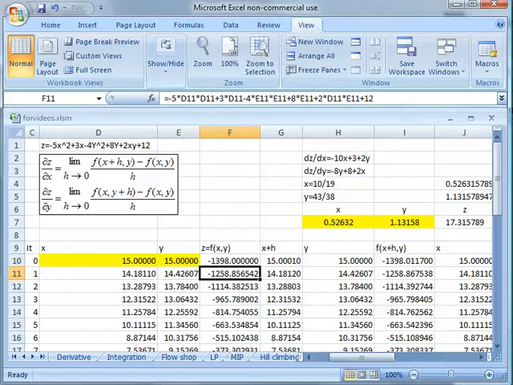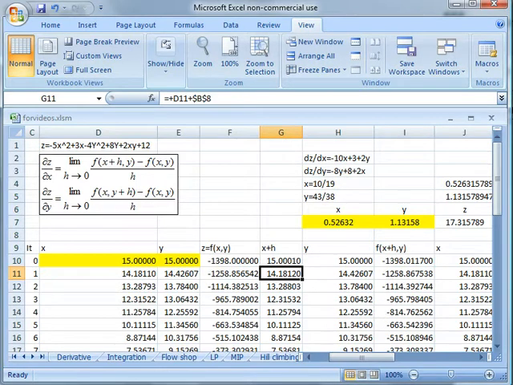We have computed the value of z. We compute f of x plus h and y. Again, that depends on the value of my h, which is supposed to be small, or it has to be small, and y doesn't change.